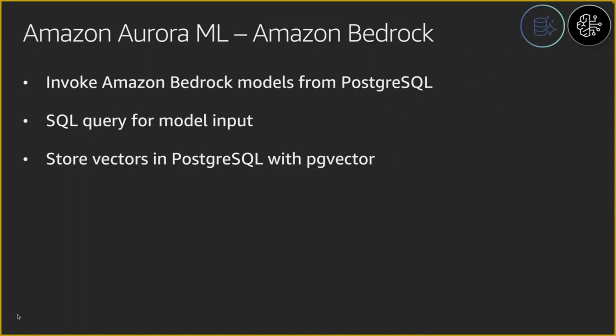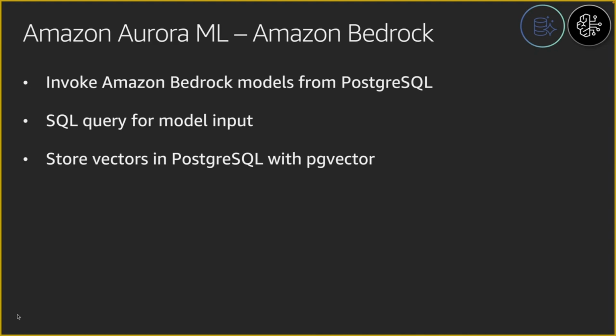In the demo here, we will invoke Amazon Bedrock models from Postgres. We'll query for the model input as well. You can use SQL to select from particular columns and use that data as input to invoking the models.